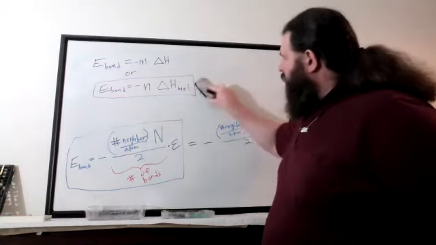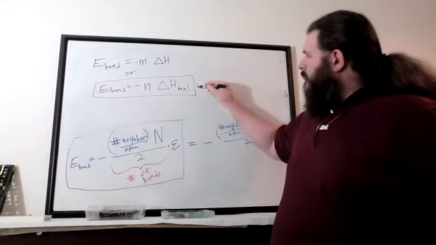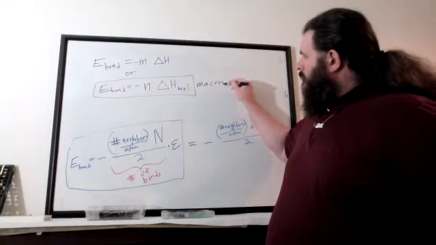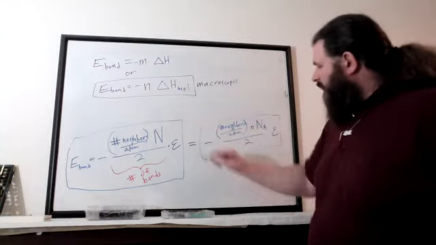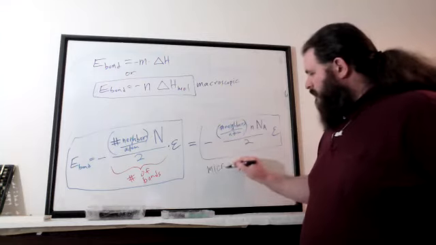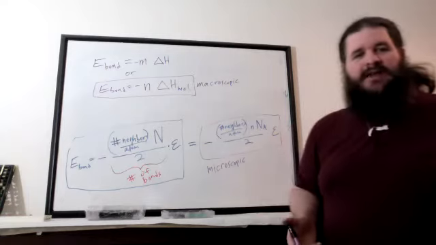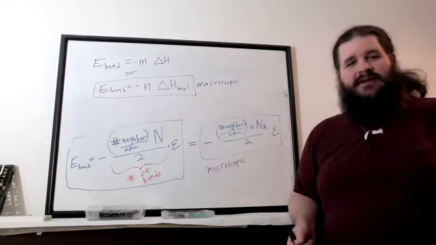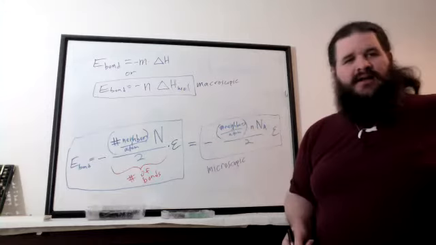Macroscopic in the sense of looking at the big picture, external observations. Whereas this would be a microscopic formula for bond energy. Microscopic, not meaning that I wrote it small, but just meaning that we're looking at the behavior of individual molecules to build this formula.